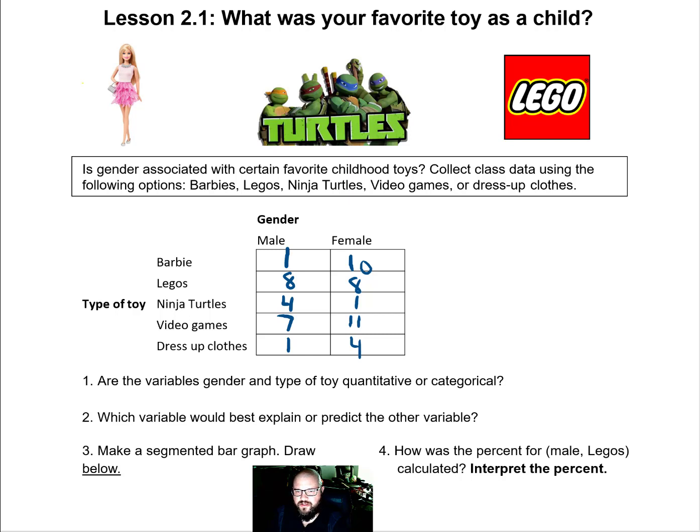And now the first question is, are the variables gender and type of toy quantitative or categorical? Well, gender and type of toy, they're both words, right? They're not actual numbers. We're not talking about the count of how many people liked Barbies or how many people liked Ninja Turtles. We're just talking about the actual type of toy and gender.